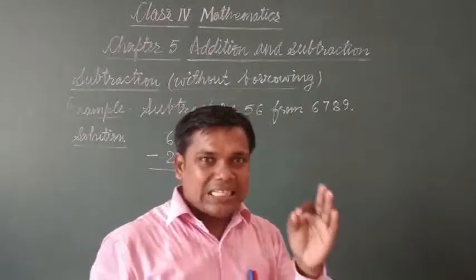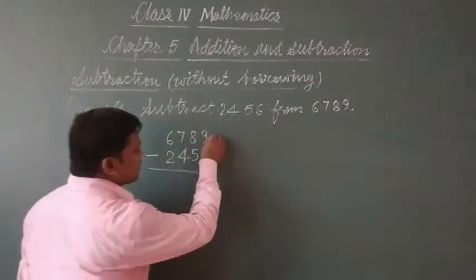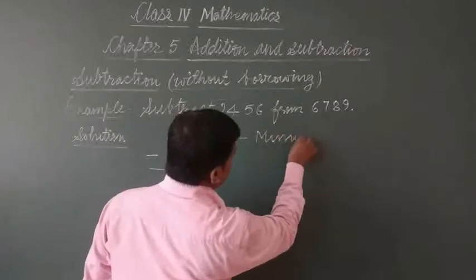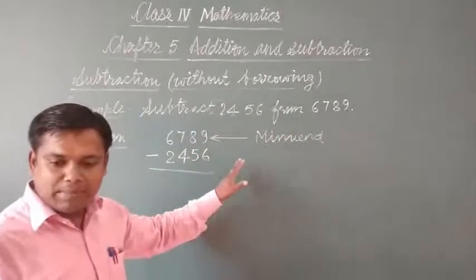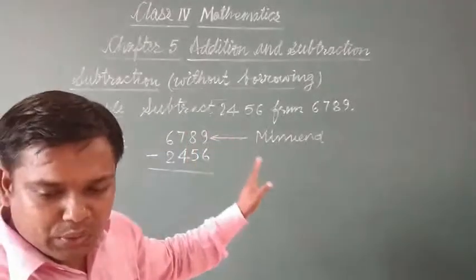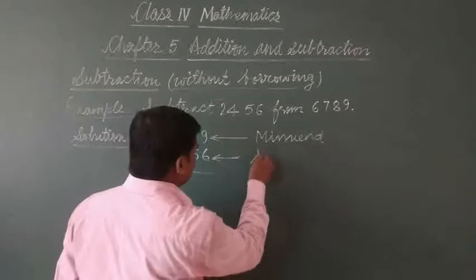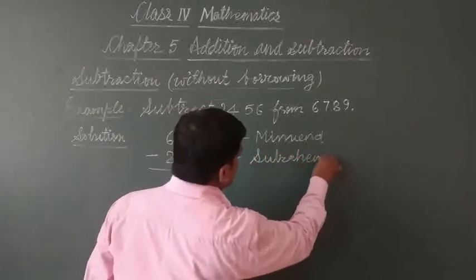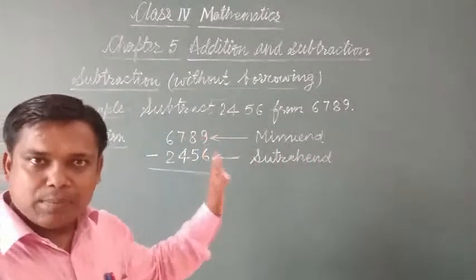Now we give the names of these two numbers. This is called minuend. What is the name I have written? Minuend. And this is called subtrahend. Minuend and subtrahend.